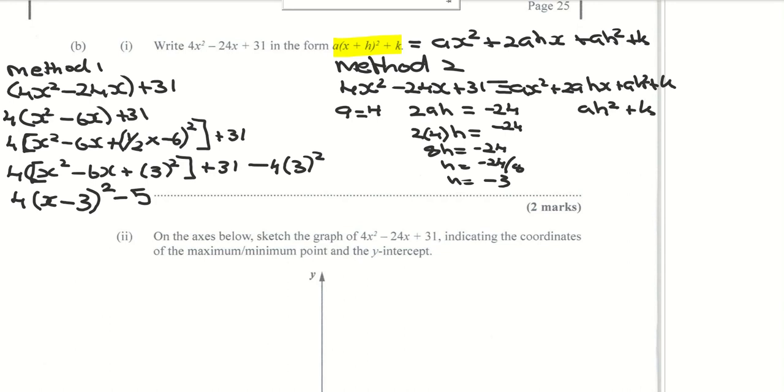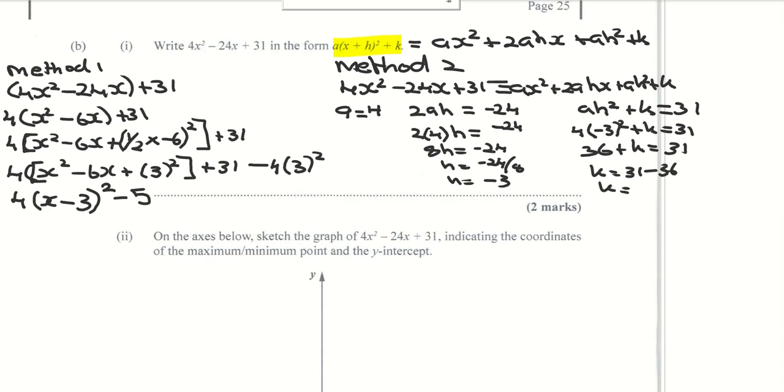And then this one here, ah squared plus k. These have no x's. What has no x's in your quadratic equation? That is equal to 31. We know a is 4, so that's 4 open bracket minus 3 squared plus k is equal to 31. That is 4 by 3 3s are 9. So 4 9s are 36. 36 plus k is equal to 31. So k is equal to 31 minus 36.